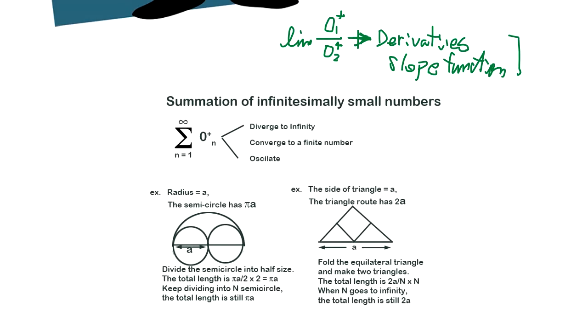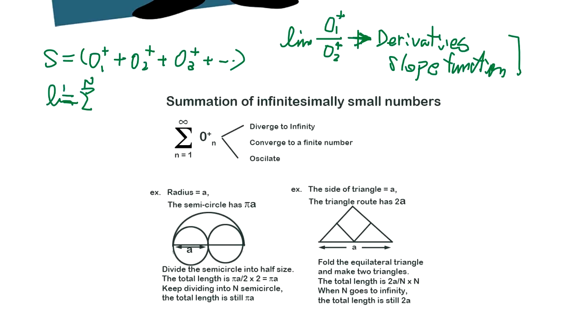Now we cover another one. If you add infinitesimally small numbers, an infinite number of them, well, we write this way and take the limit n equals infinity. So what happens to this?